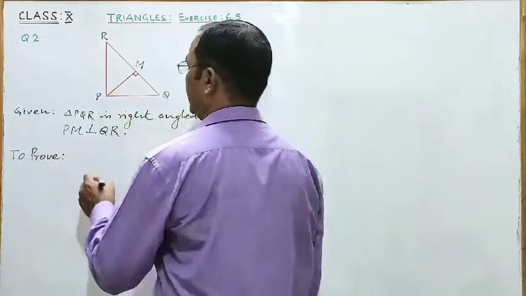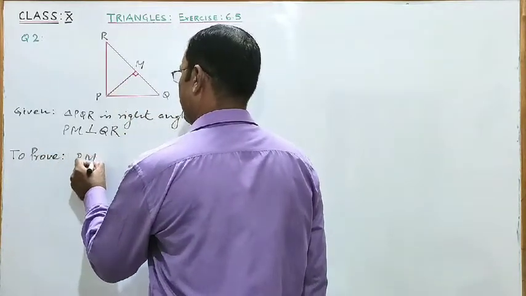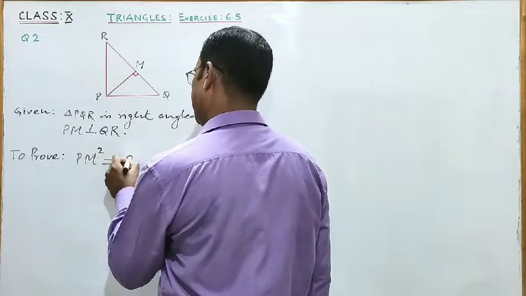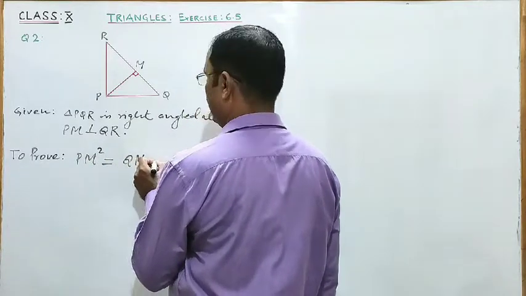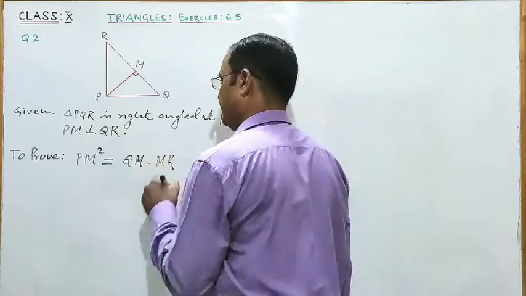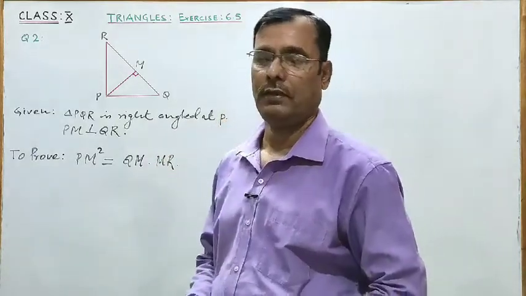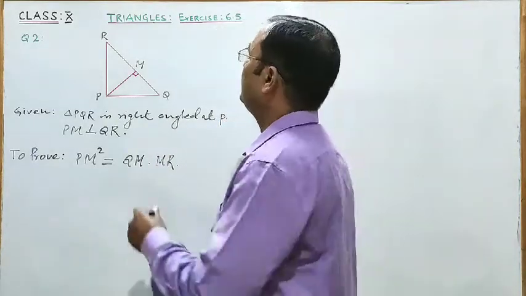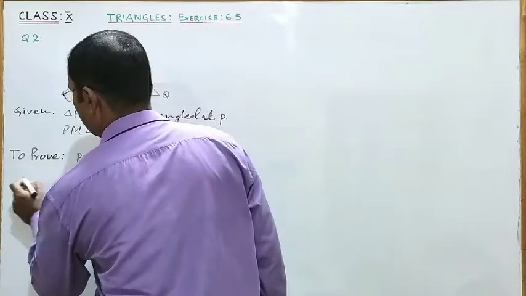We have to prove that PM square is equal to QM into MR. So let's start the proof.